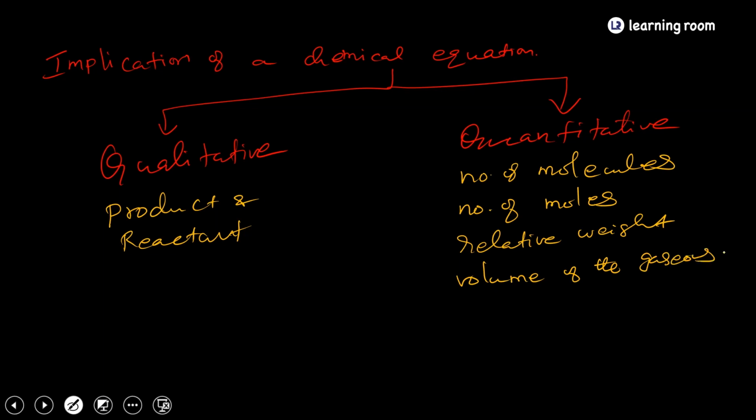So these are the information we can get from the chemical reactions. Is it okay? So qualitative information means sodium chloride, barium sulfate.